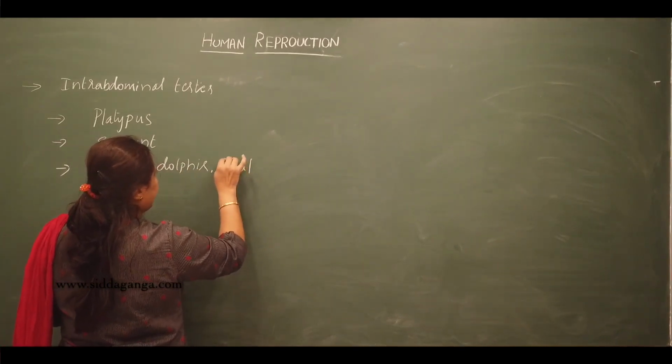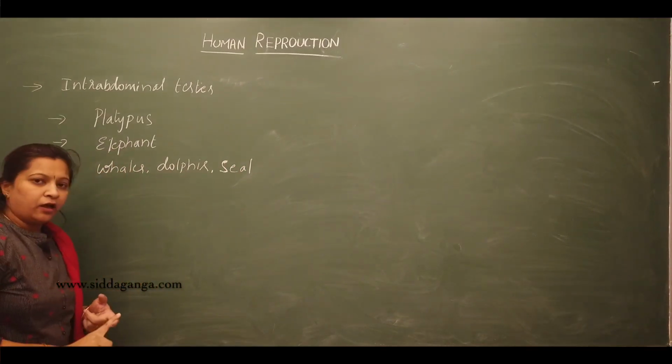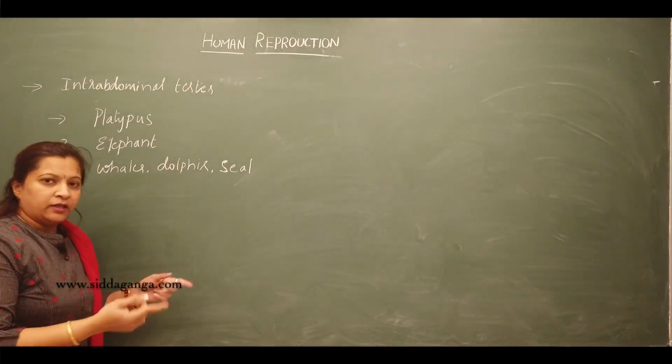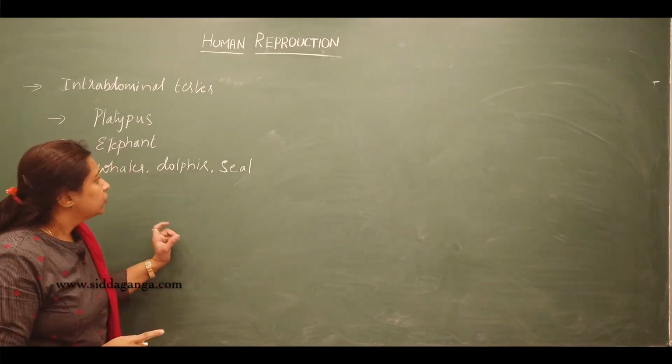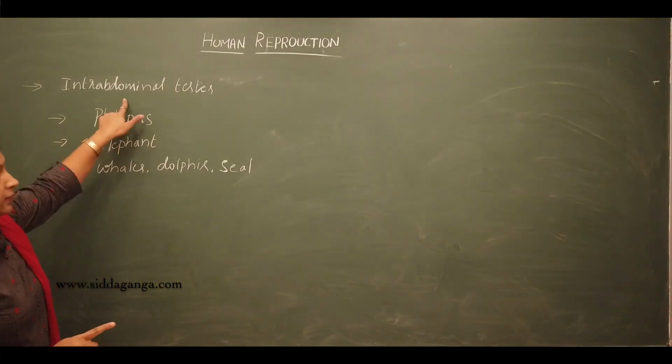In these mammals, the testes will remain in the abdomen only. They remain in the abdomen and function normally. So these are the animals with intra-abdominal testes.